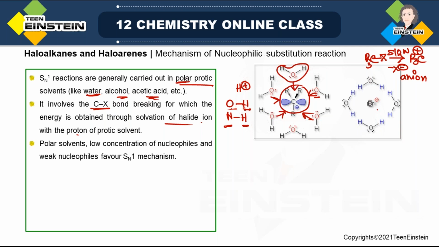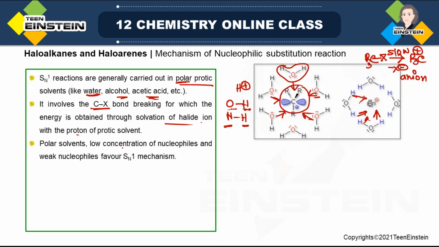But when it is the anion, suppose it is Br minus, now hydrogens are facing towards Br because hydrogens are the positive side, right? That means water can simultaneously stabilize this positively charged R3C plus as well as the leaving group Br minus or Cl minus. Okay, so this is the reason polar protic solvents are used.